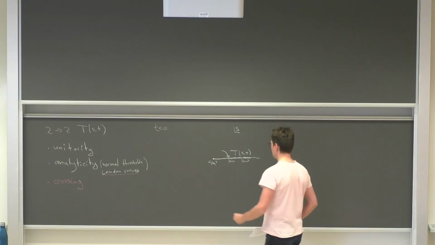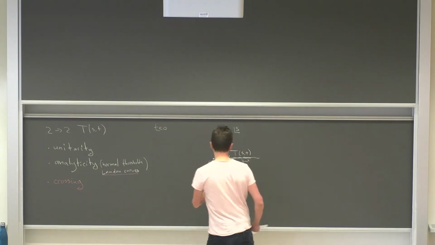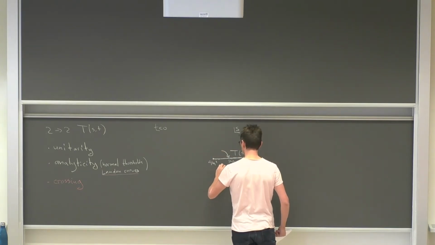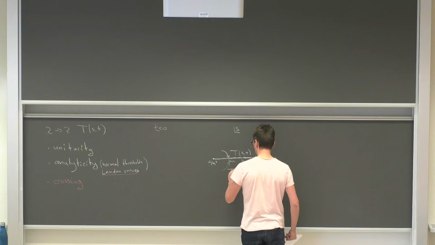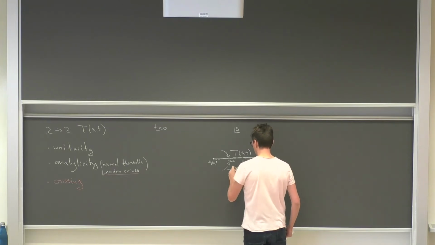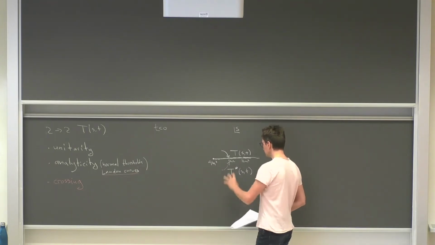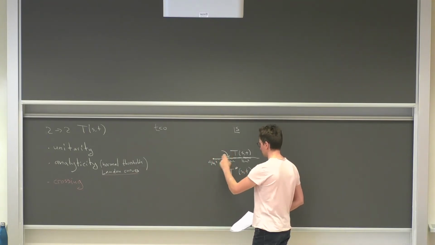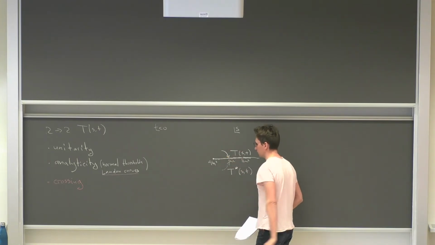If you approach the same cut from below, you have T star of S and T. This is the complex conjugate amplitude, and therefore when you take a discontinuity, it's the same as taking T minus T star.